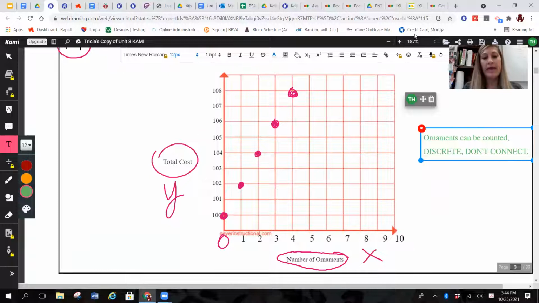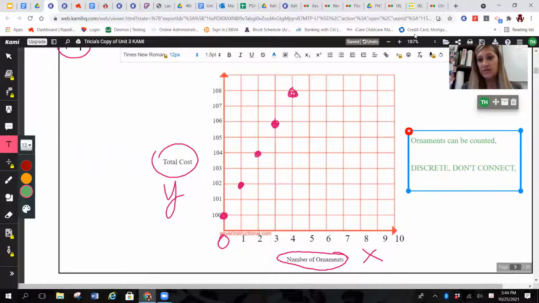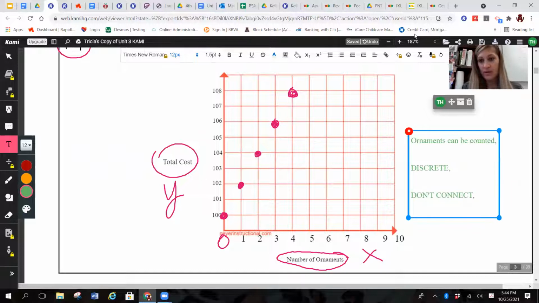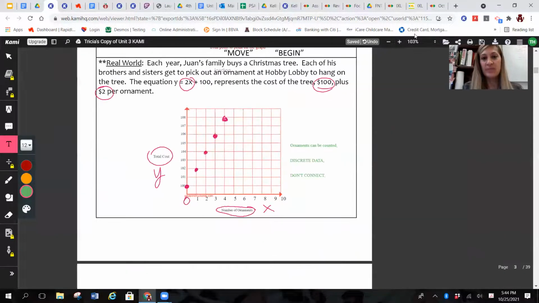Because it's discrete, and anything between the points doesn't make sense because we are not going to hang up an ornament that is not fully an ornament. We're not going to hang up a fragment of the ornament. All right, so those are your little tips to remember with discrete data. Ornaments can be counted, it's discrete, and don't connect.